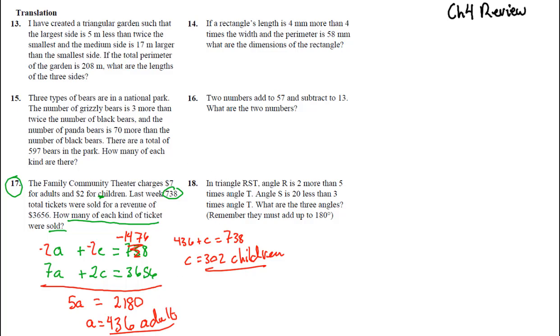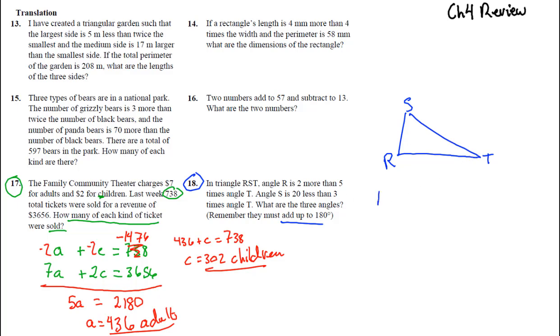And then finally, number 18. Triangle RST. All right. So if this is the angle R, that's angle S, that's angle T. Remember, they must add up to 180. So R plus S plus T has to equal 180.